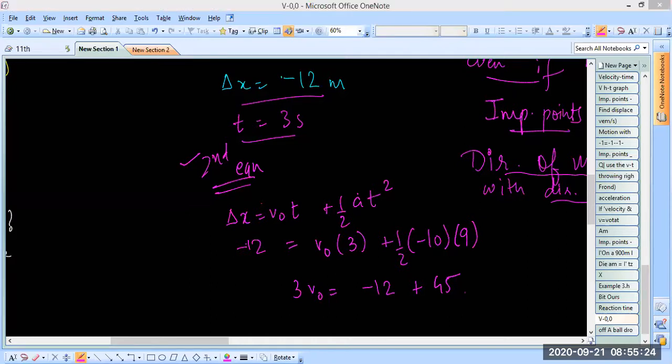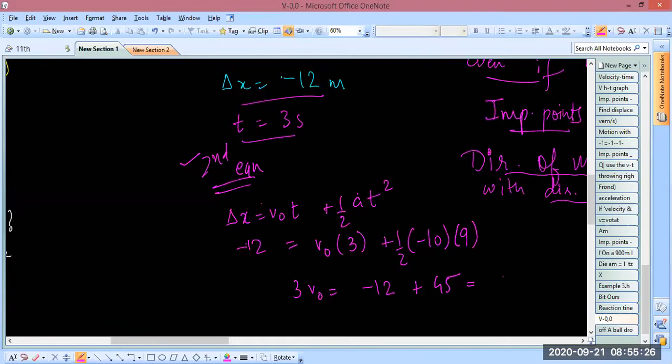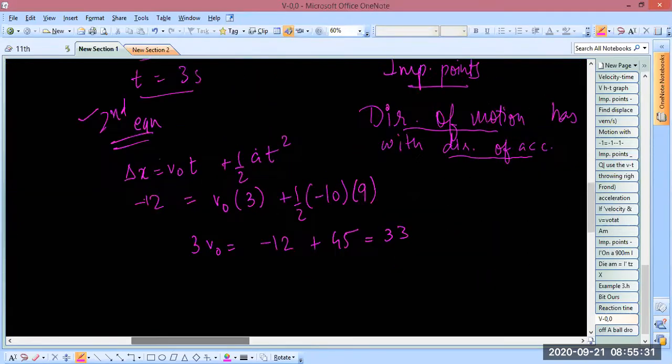So this is nothing but 33, so the final answer is that v0 is equal to 11 meter per second. Who got it right without my help? Who got it right on your own? Very good, Falak. Well done, Sahil. But you took my help, Sahil. Don't forget that. Well done, people. Those who got it right on your own, very good.